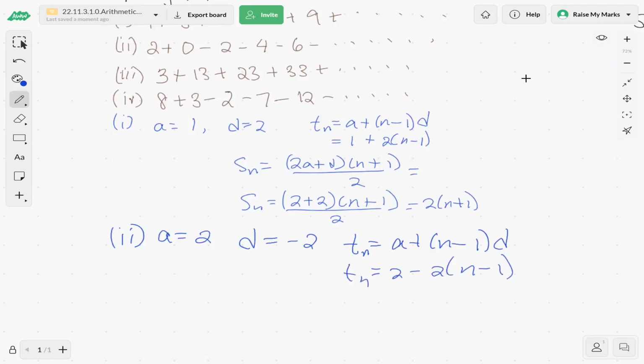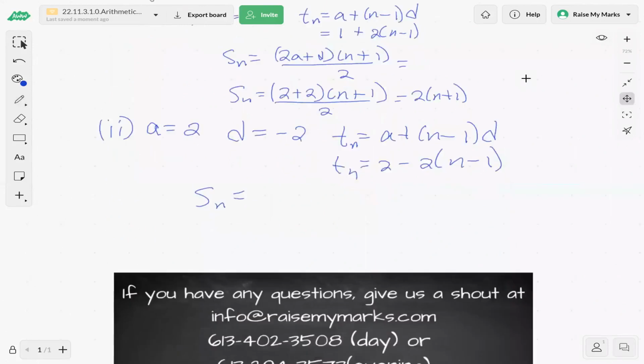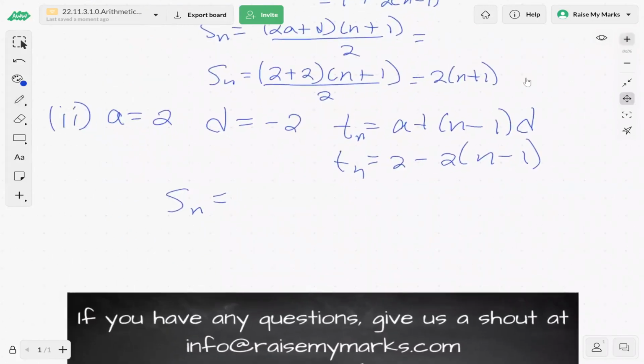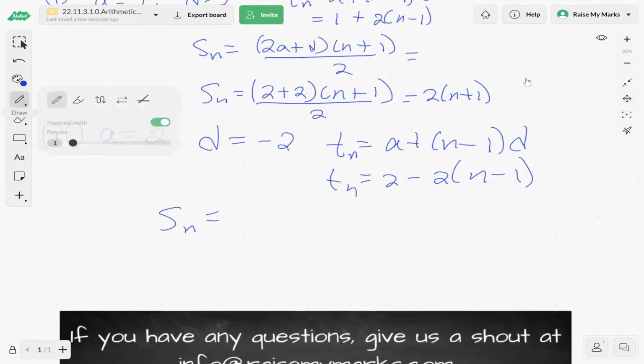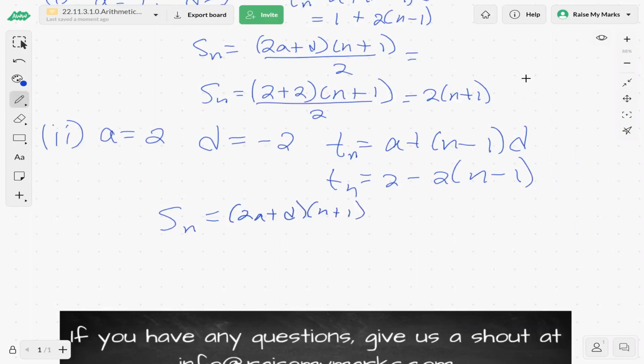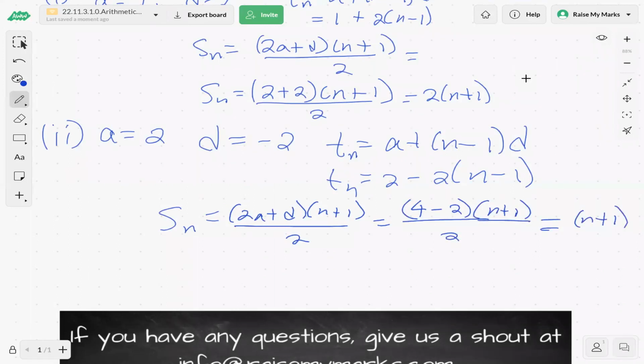Now let's find our sum Sn. Sn equals (2a plus (n minus 1)d) times n over 2. Again, a equals 2 and d equals negative 2. So we have (4 minus 2(n minus 1)) times n over 2. So the sum of the first n terms is actually n plus 1. Interesting.